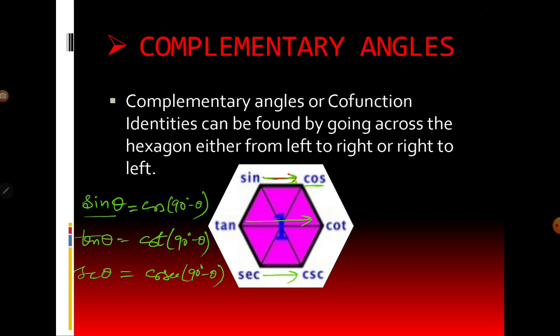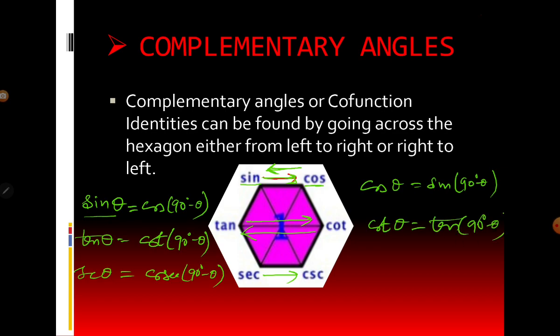Now if I am coming from right towards left, then cos theta, going towards sin theta, is sin of 90 degree minus theta. Very simple. Now from cot towards tan, cot theta is tan of 90 degree minus theta.